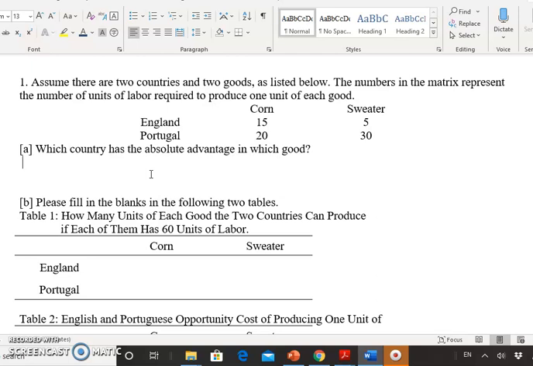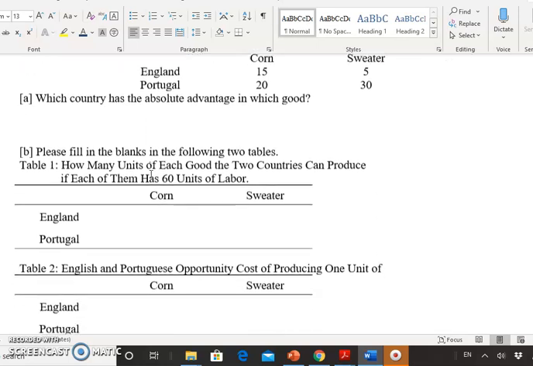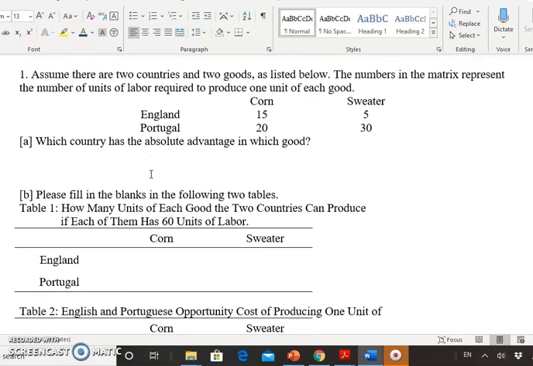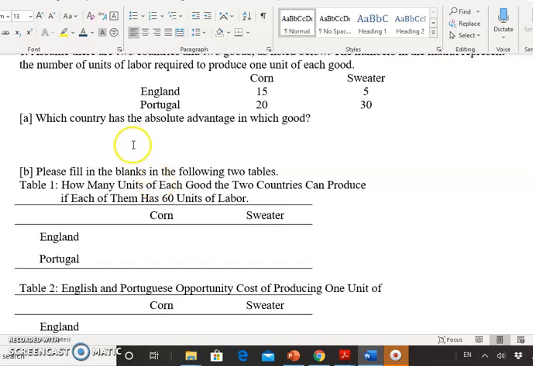Or put it differently, England probably is willing to trade or export. What about Portugal? Do you believe Portuguese are willing to trade with England? This is what we need to figure out in this example. So that's part A.